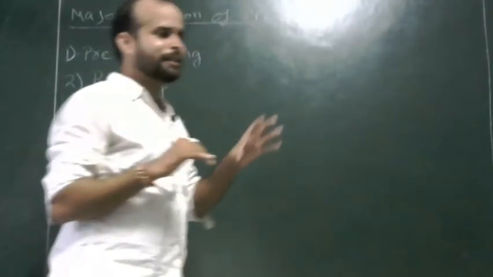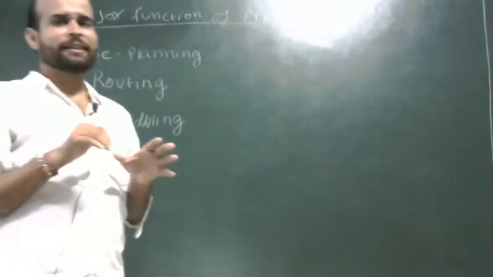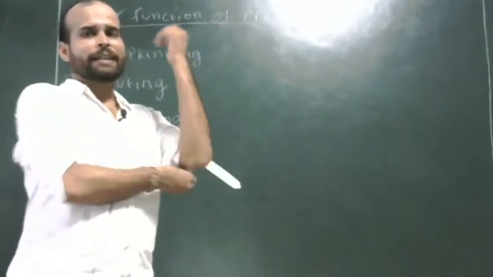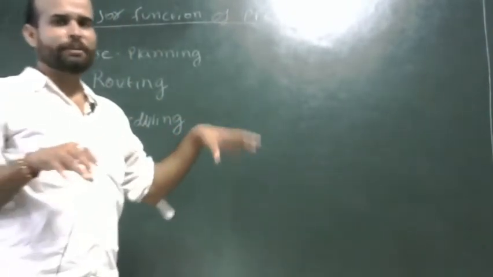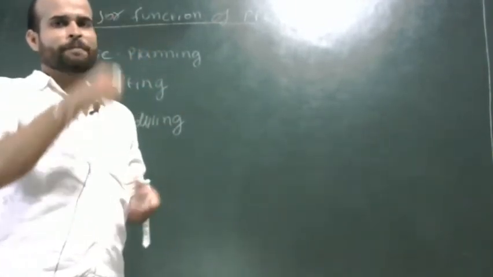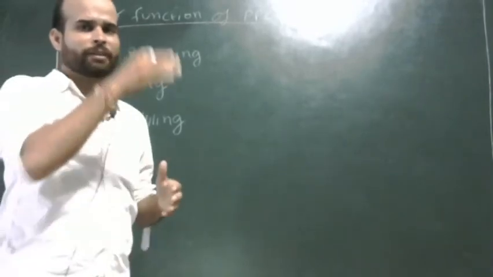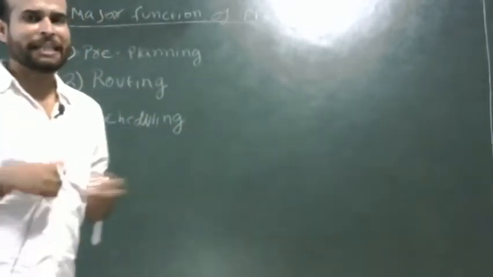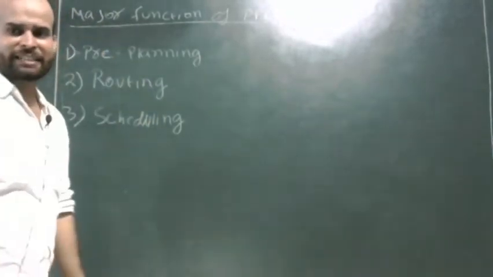You have to give some information as a program to the different robots that you are going to employ. After 5 minutes you have to do some laser action or some cutting action or some milling action on it. Means you have to schedule all the things. Okay.